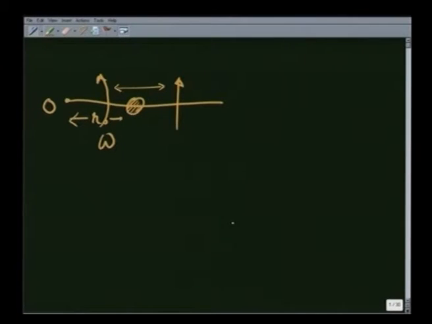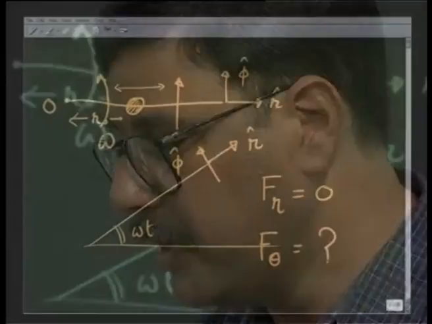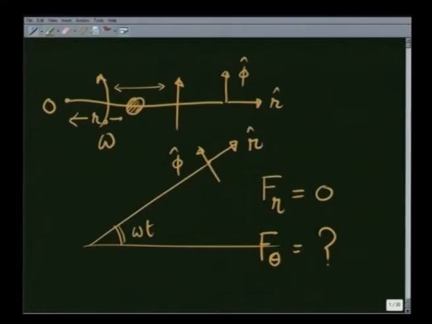So, right away I see my r direction is going to be this, and this is going to be my phi direction. In general, if the wire is making some angle omega t from its initial position, this is going to be the r direction and this is going to be the phi direction. The force in the radial direction is 0, therefore I write the component of force in the radial direction as 0, and the component of force in the phi direction I do not know, but it is non-zero and I wish to calculate this.